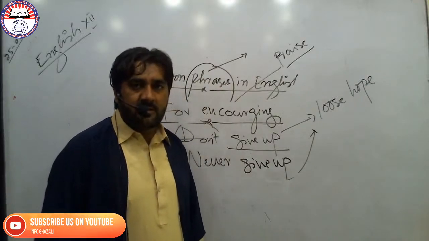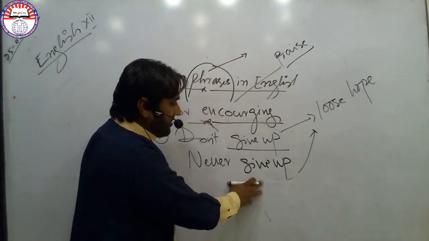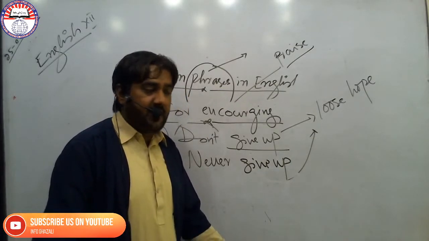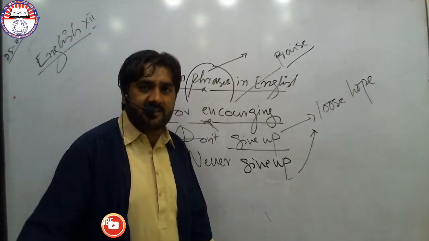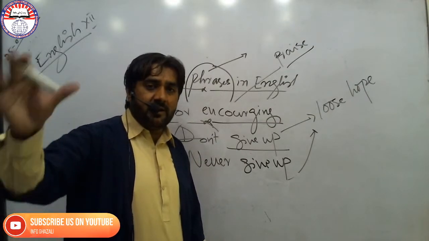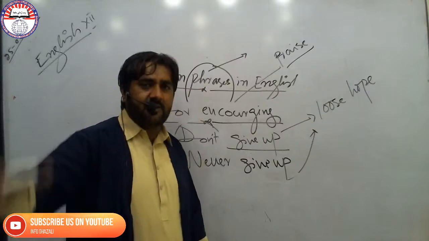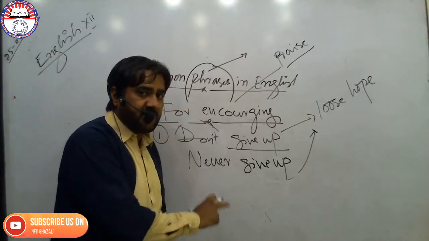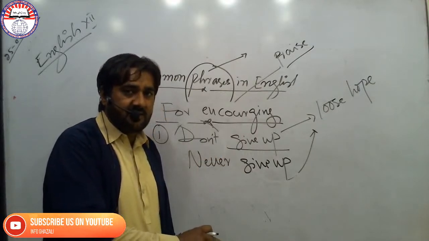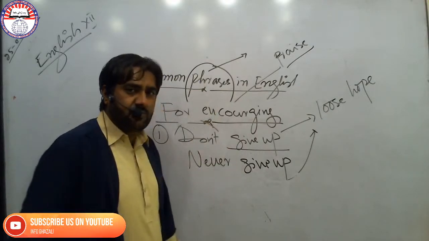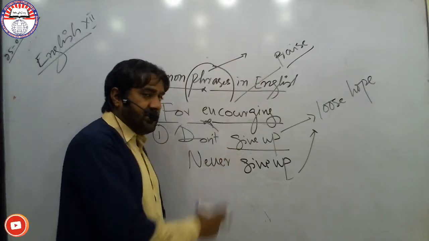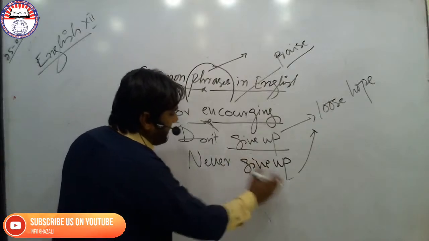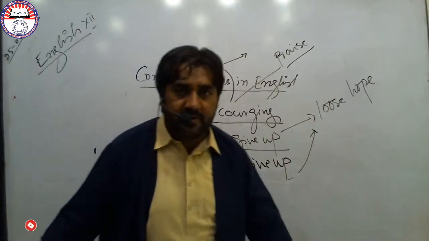Means what? It is not a good sign to lose hope ever in any circumstances. Whether you are depressed, whether you are worried, whether you are in tension, there is a sentence that is going to change your mindset, that is going to encourage you, that is going to change your mentality and approach. Never give up means never lose hope.